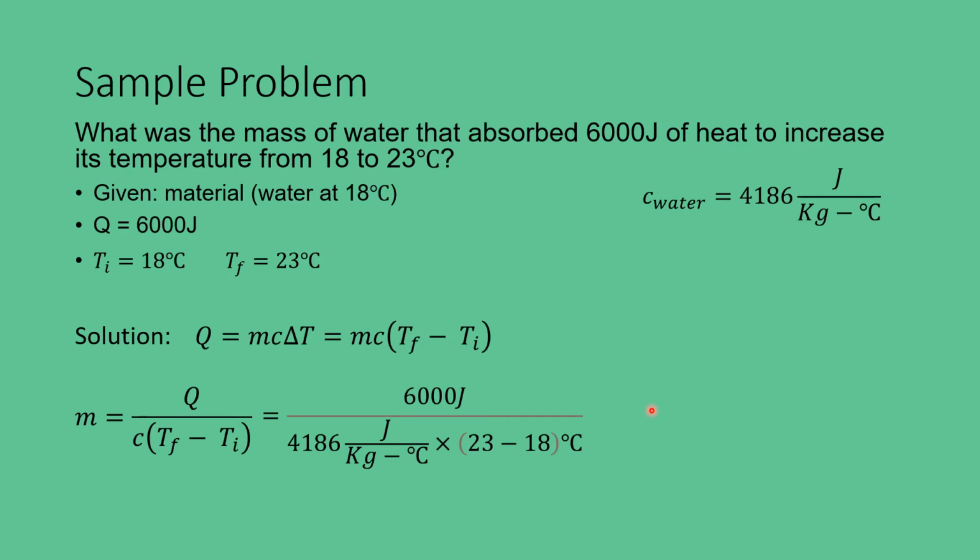As we can see here, the units of joules and degrees Celsius will be cancelled, and we will be having now an answer. Mass of water is equal to 0.287 kilograms, or that is also equal to 287 grams.